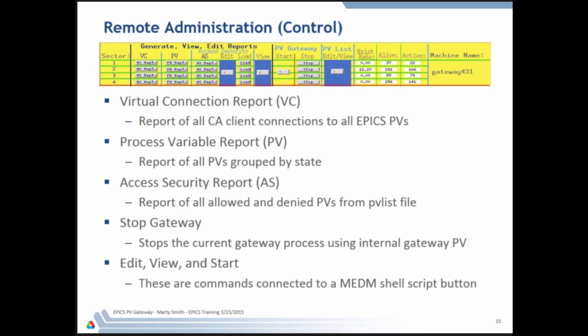If I want to add somebody to an access security file, I just go to this menu here, and I've got one for each of these gateways. I select which one I want, and it pops up an X terminal for me and a VI editor for the particular file that I'm interested in. That allows me to edit them remotely right there.